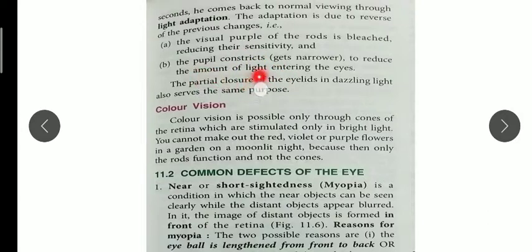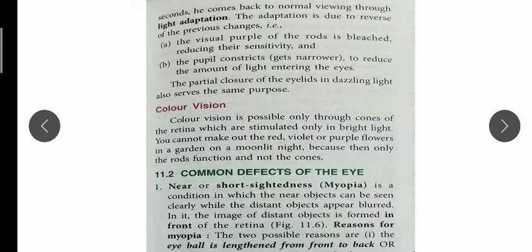And the pupil constricts, it gets narrower to reduce the amount of light entering into the eye. A high amount of light is trying to go inside our eyes at that time. So the partial closure of the eyelid we usually do in dazzling light serves the same purpose. If somebody is focusing a flashlight, then also we experience such conditions.